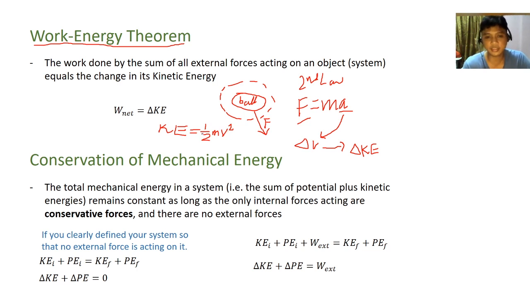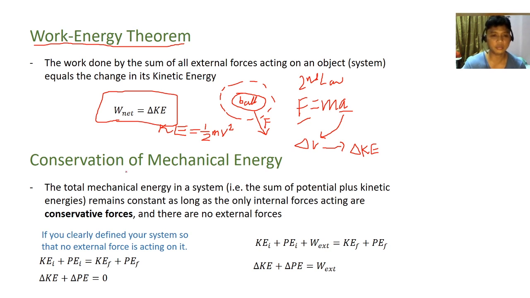If v increases or changes, KE also changes. So that's the simple proof for why this thing works. This equation you can use if the way you define your system reveals that there are external forces acting on the system.